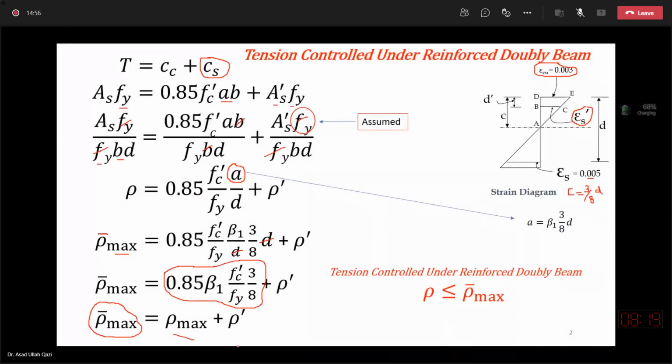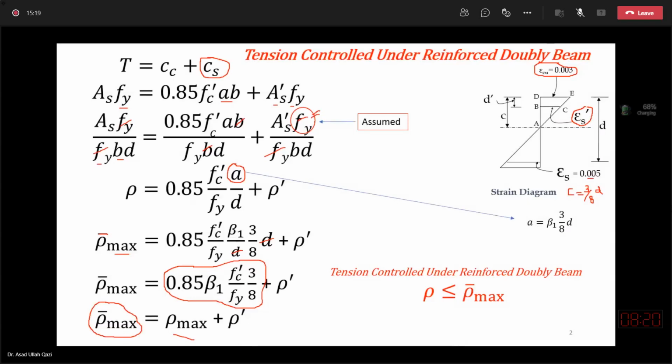And don't forget, in this equation, by default you are assuming that when steel on the tension side is at 0.005, steel on the compression side also yields. So it is like case one.